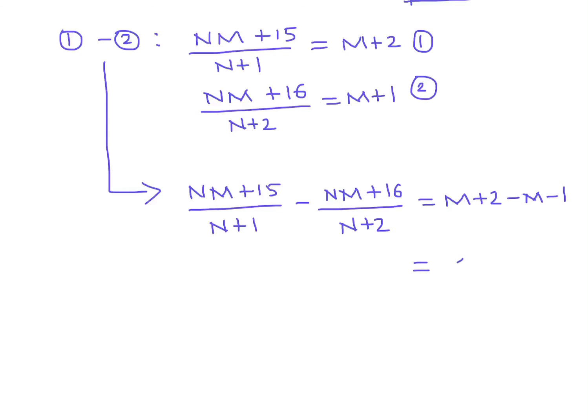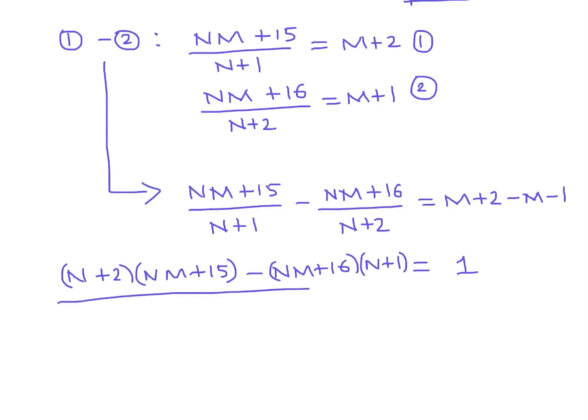That seems to be the simpler one. That just becomes 1. And on the left side, we have to get a common denominator. So multiply top and bottom here by n plus 2, and on this other side, we have to multiply top and bottom by n plus 1, like that, and that will be all over n plus 1 times n plus 2.